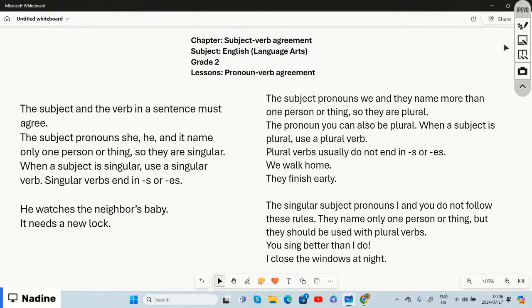All right. So today we're doing pronoun verb agreement under the chapter of subject verb agreement, right? And when it comes to a pronoun, a pronoun takes the place of a noun. So the pronoun takes the place of a noun.